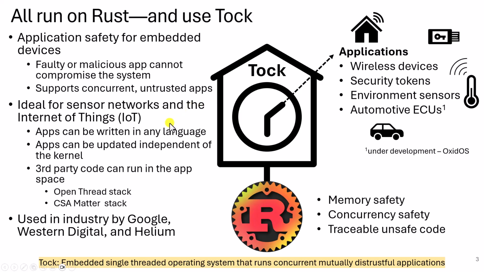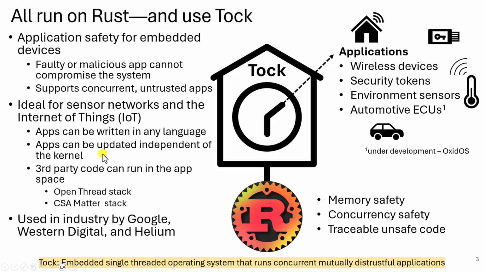Those applications can be written in any language, C, C++, and those applications also can be independently updated at times different from when the kernel is updated. That's an important feature that allows bug fixes or feature upgrades in those user processes, those applications, to occur without the kernel also having to be updated.